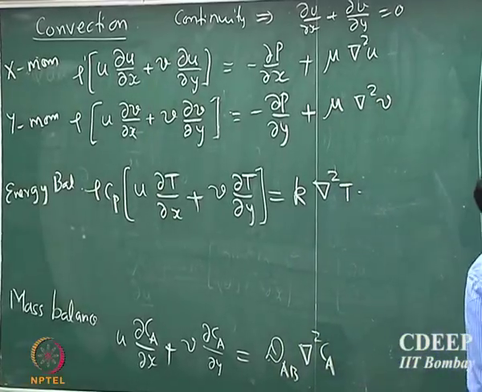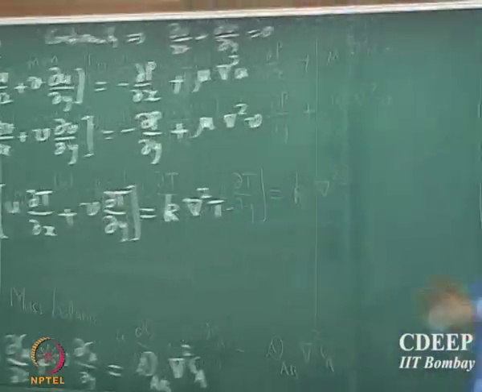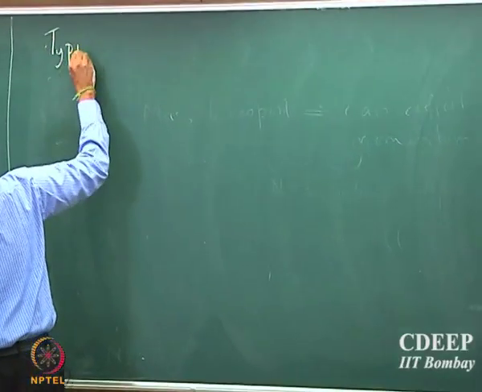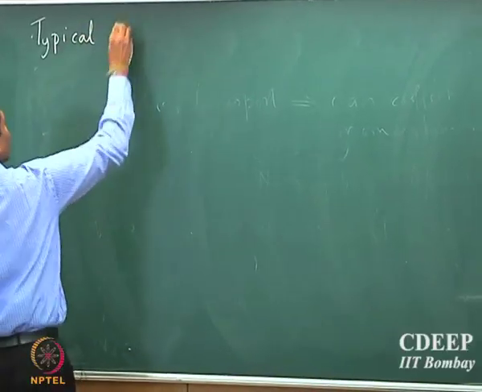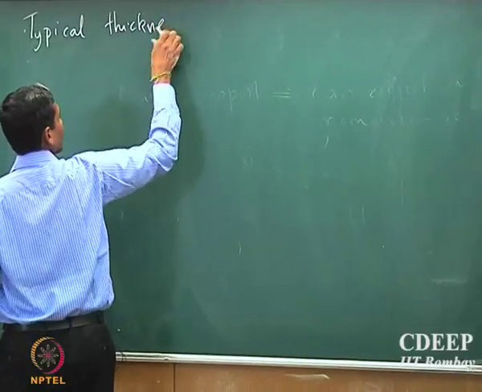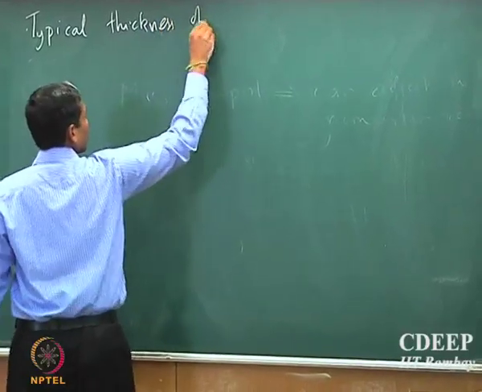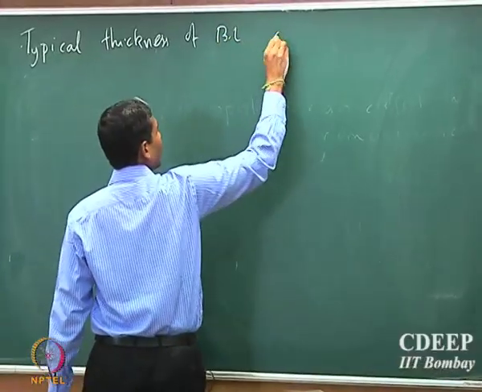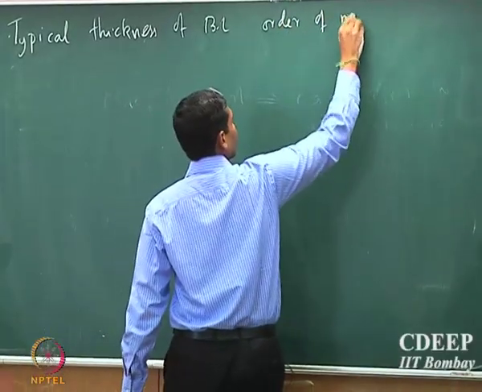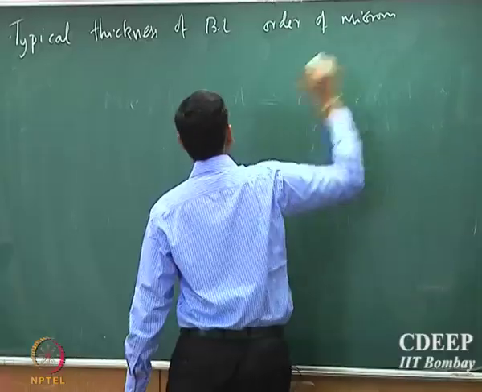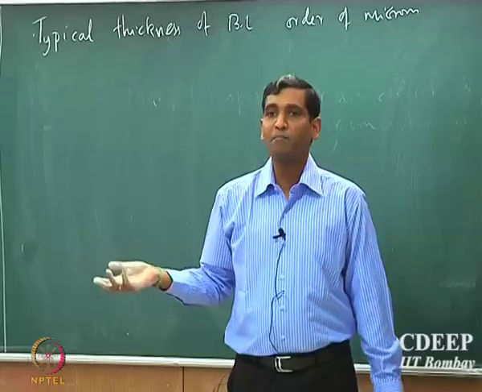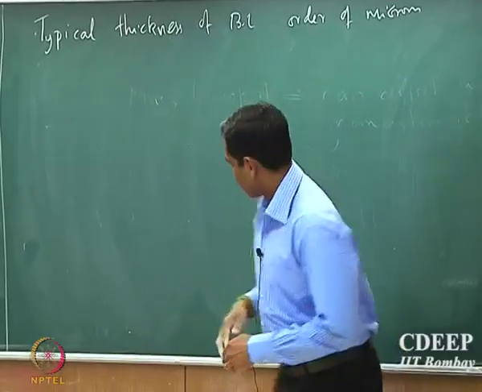So the next thing we are going to do is, the typical thickness of the boundary layer is about the order of microns. Okay. So that's the typical thickness of the boundary layer. Okay. Momentum, heat and mass transport boundary layer.